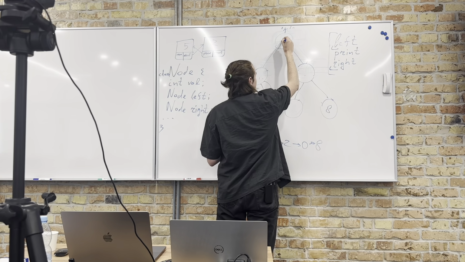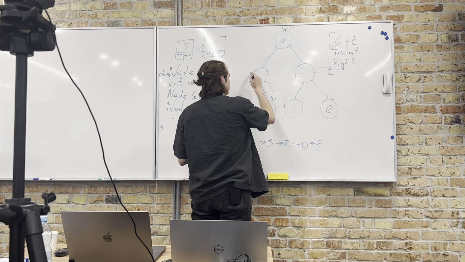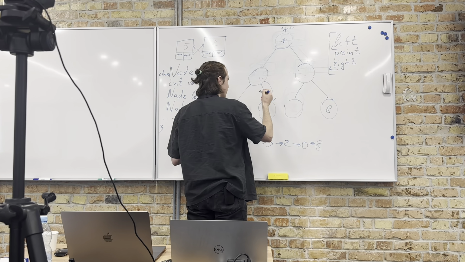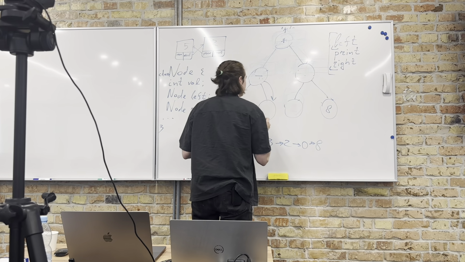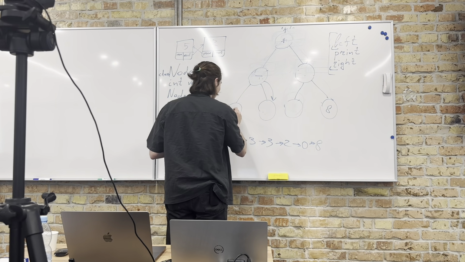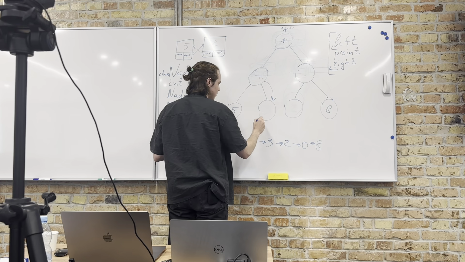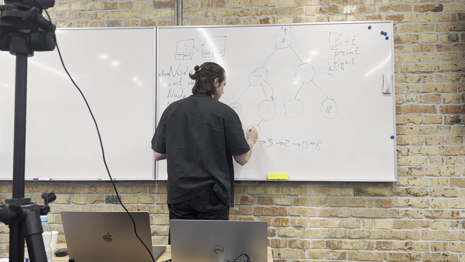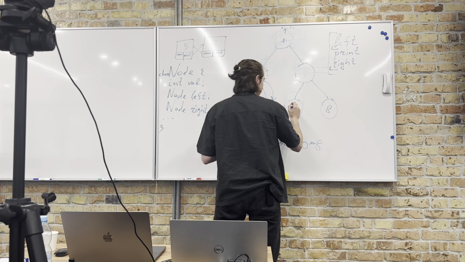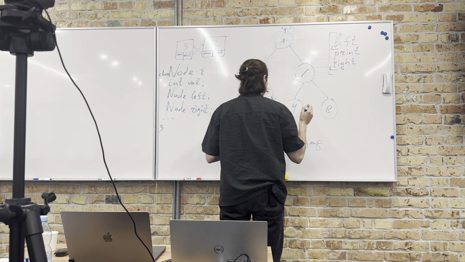For example, this operation is multiplication. And leaves are numbers, for example, 5. Let's add one more here. So it will be plus, it will be 3, 4, and it will be division.